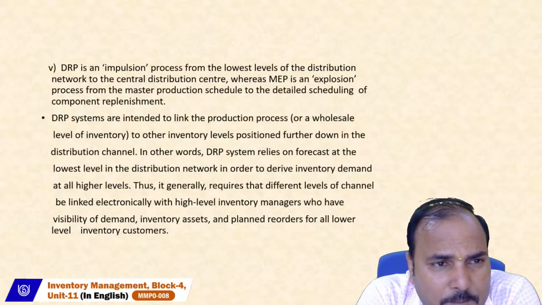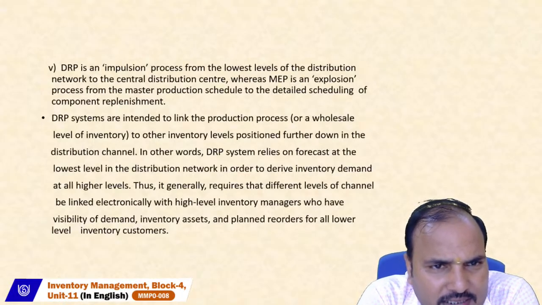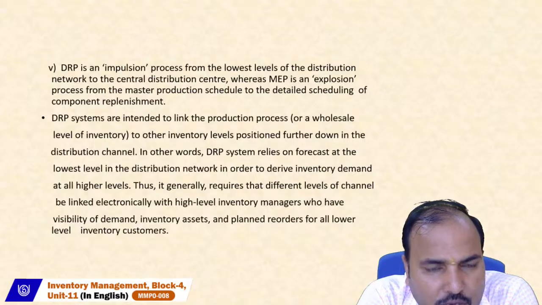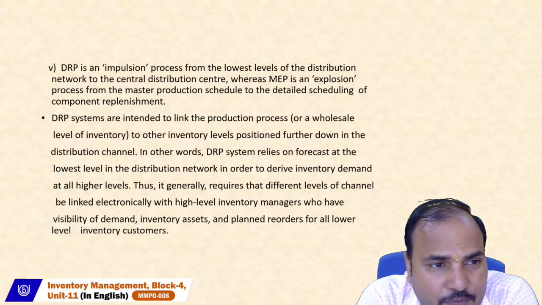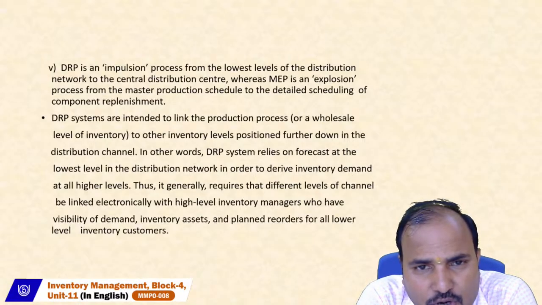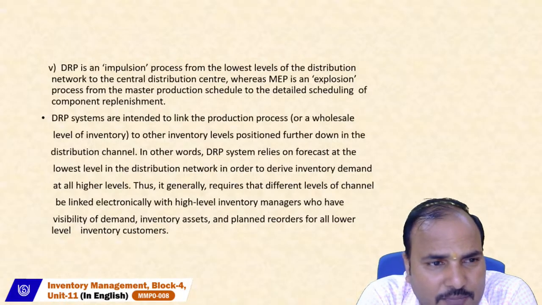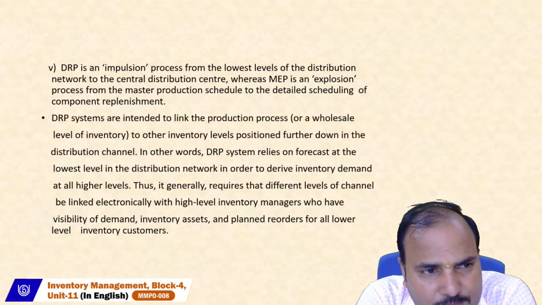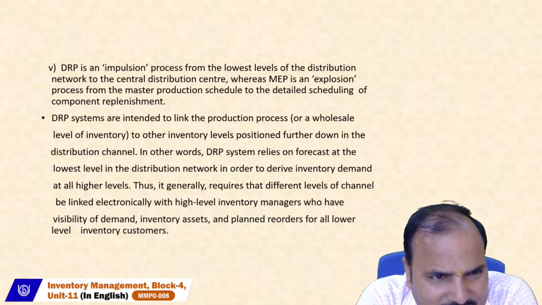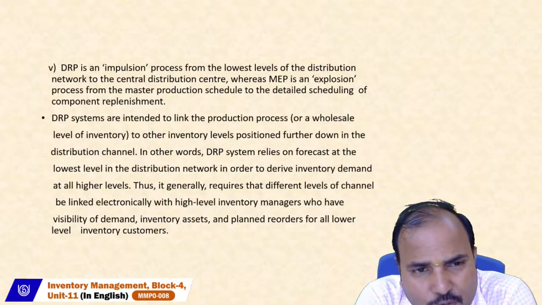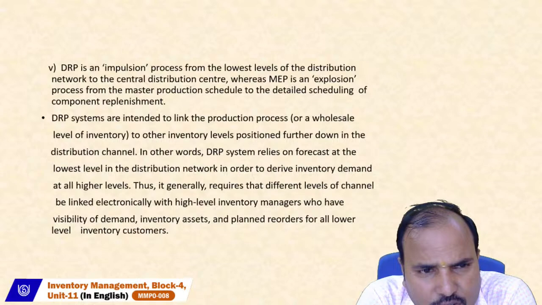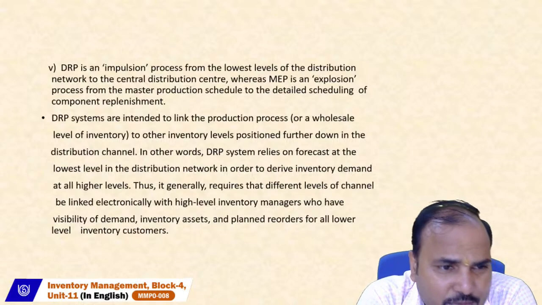DRP is an implosion process from the lowest levels of the distribution network to the central distribution center, whereas MRP is an explosion process from the master production schedule to the detailed scheduling of the component replenishment. DRP systems are intended to link the production process to other inventory levels positioned further down in the distribution channel.